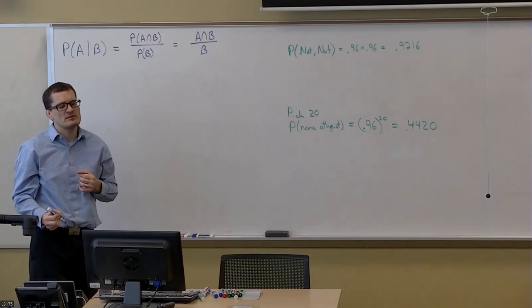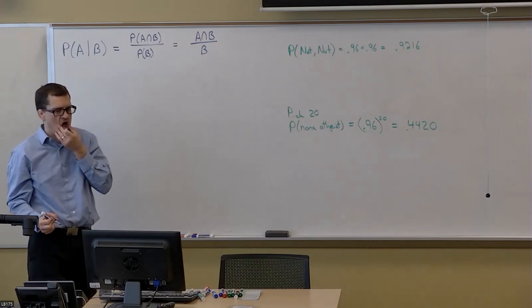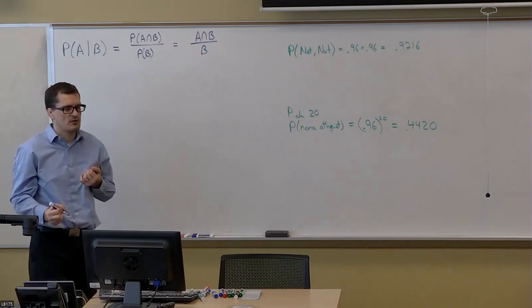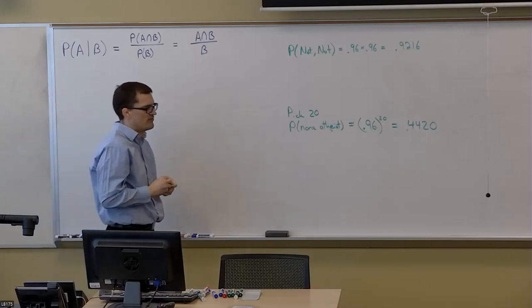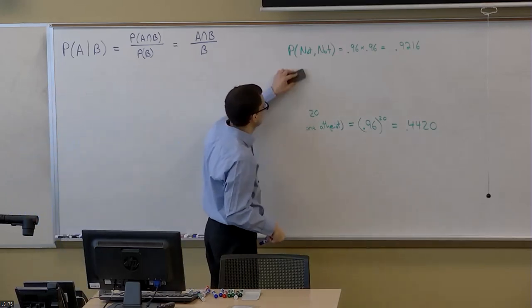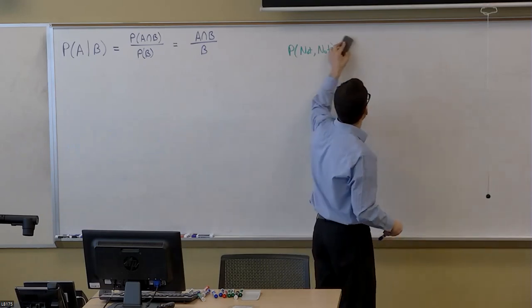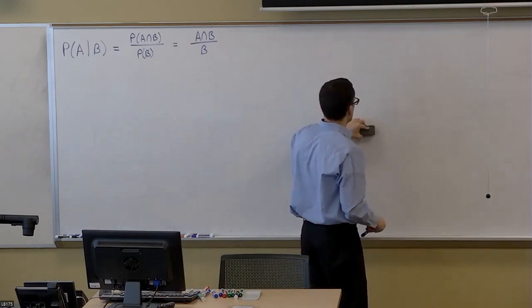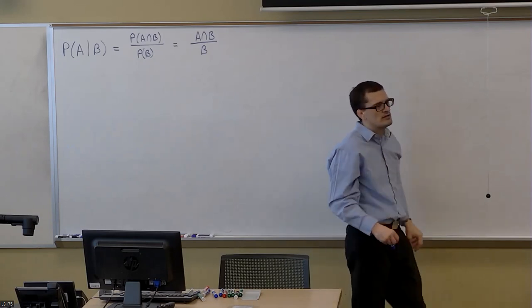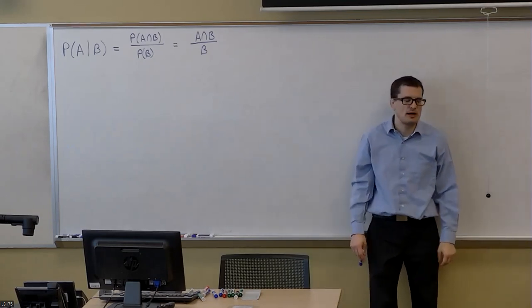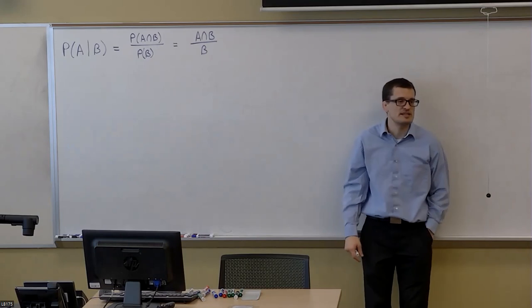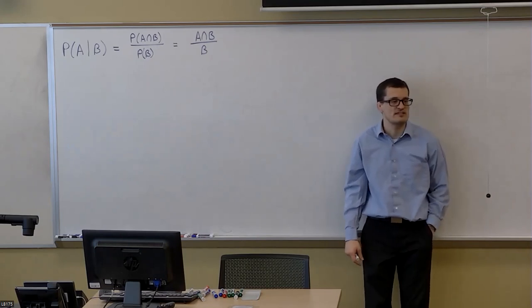And that one's going to be a little more straightforward when we get to what's called the contingency table, which is our next slide. So that rule that's generally written in terms of probabilities can also just be written in terms of the size of the set.